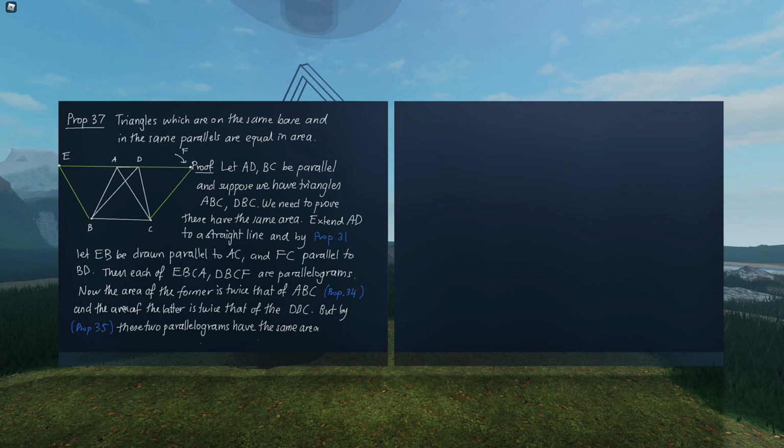Well, so we have one area, which is the common area of those two parallelograms, is both twice the area of ABC and also twice the area of DBC. And what Euclid writes at this point is, but the halves of equal things are equal to one another.